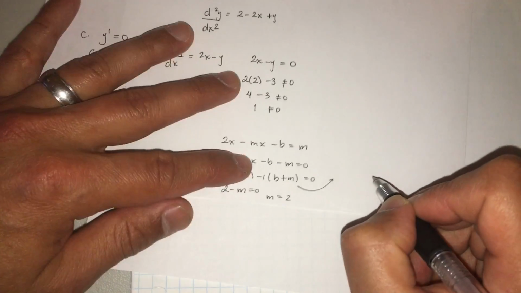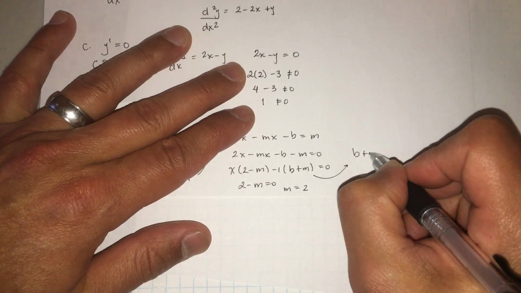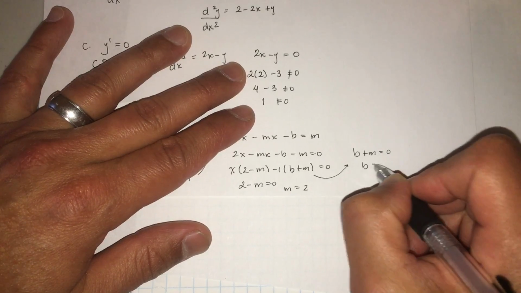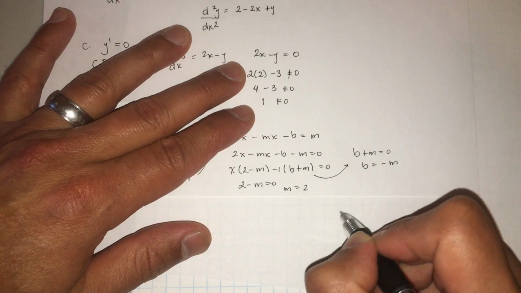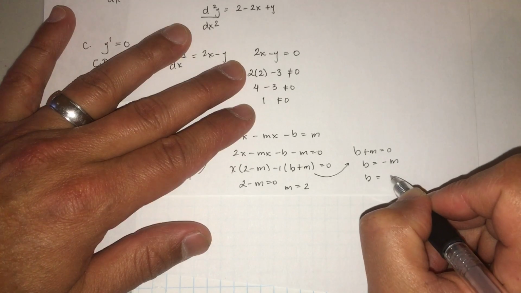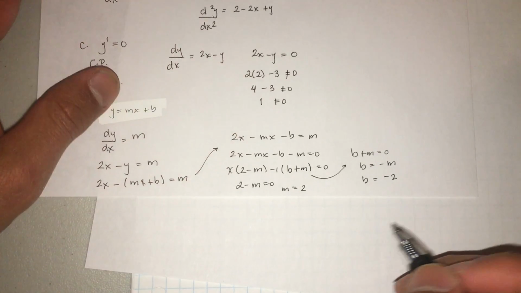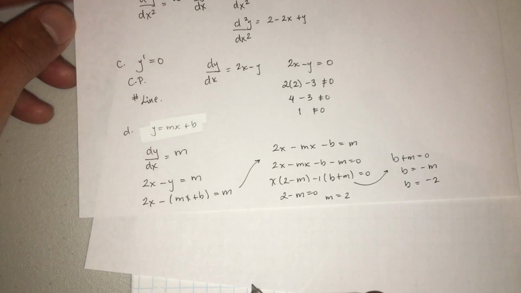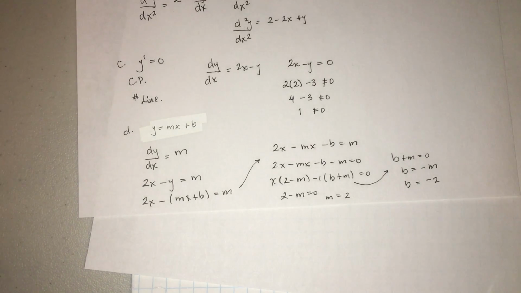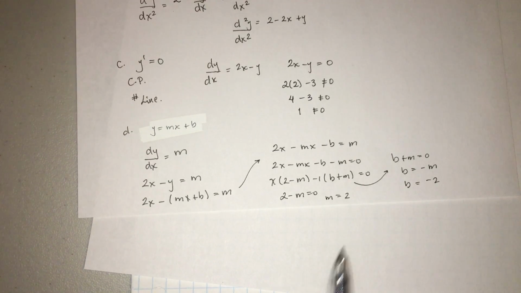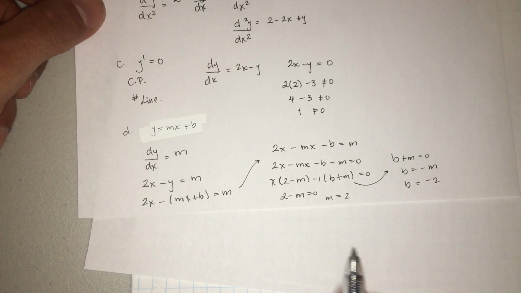And for this guy, we're going to have b plus m equals 0. That means b is equal to negative m, so b equals negative 2. And there it is. Those are the values that would make this guy a particular solution to the differential equation. m would have to be 2, b equals negative 2.